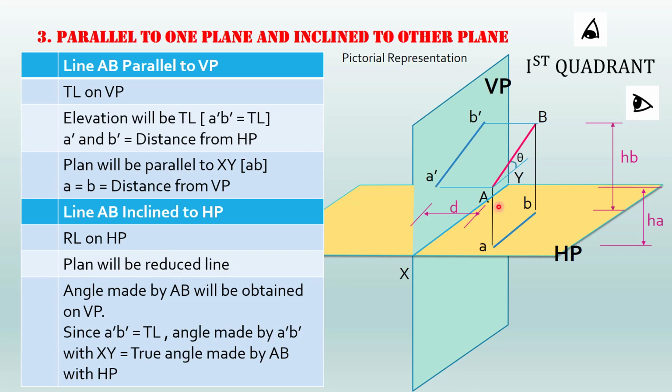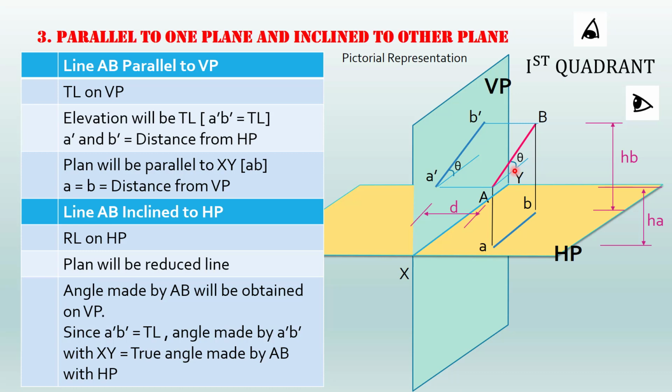Okay, now let us assume that the original line capital AB makes an angle of theta with the horizontal plane. Now since the line is parallel to VP, we will get true length on VP, and the inclination made by the elevation with the XY line will be equal to this theta. Clear? Or in other words, the angle made by the original line with the horizontal plane will be obtained on the elevation.